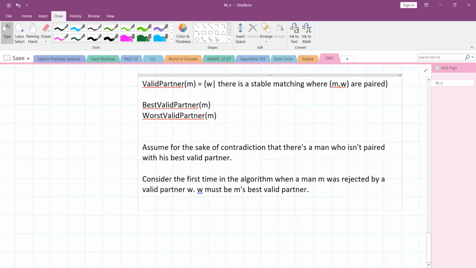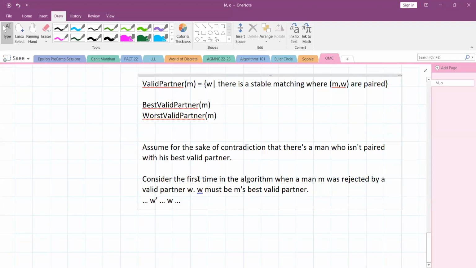And maybe I'll just say it in a nicer way. Let's say W prime is M's best valid partner. Since W is a valid partner, but W is not M's best valid partner, M must like W prime more than he likes W. Which means M must have proposed to W prime at some point.